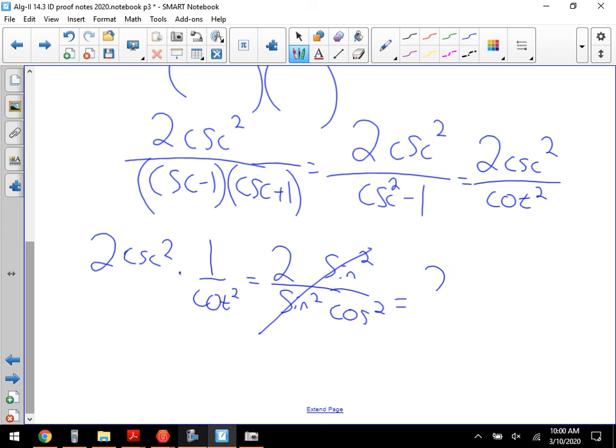And then here's your 2 secant squared, because it's 1 over cosine squared. The cotangent squared becomes tangent squared. Tangent squared is sine squared over cosine squared. The cosecant squared is 1 over sine squared.